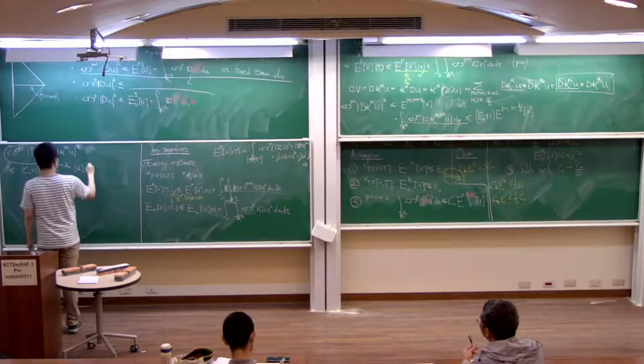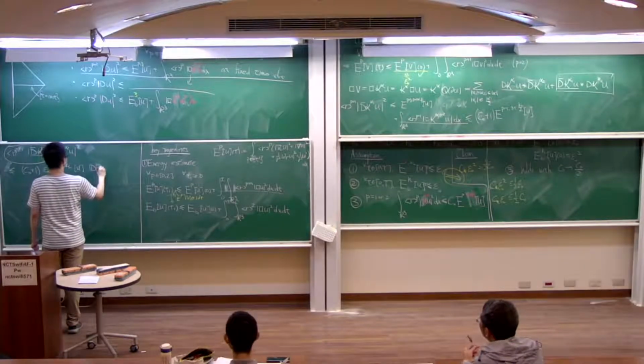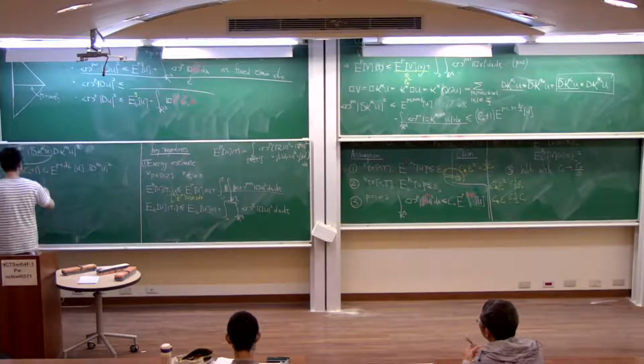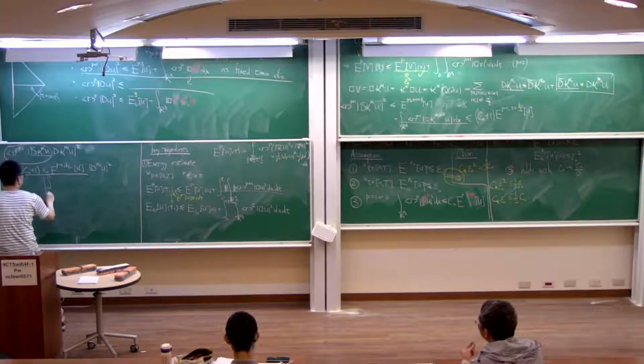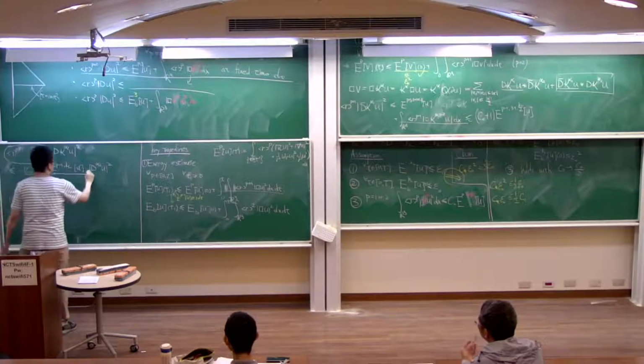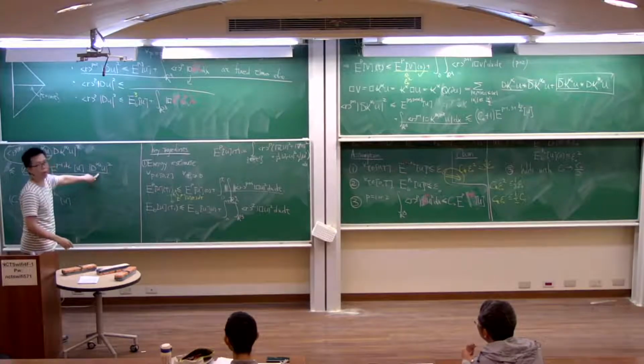U times d alpha 2 u squared. After integration, this is just a number. Let me copy it. Epsilon naught KL u times, and the integration of this part can be bounded by the EB energy.